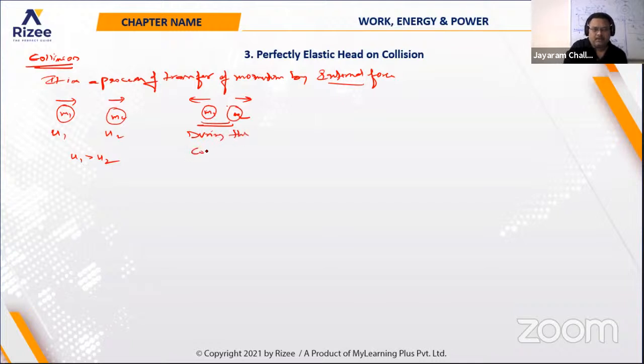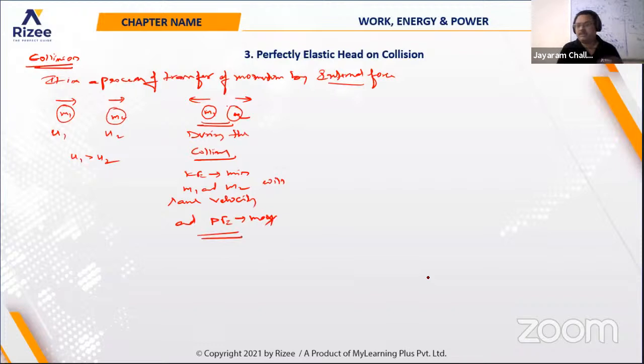During the collision, very important points: your kinetic energy will come down to the minimum, and m1 and m2 will have the same velocity, and potential energy, that is PE, will be at the maximum.